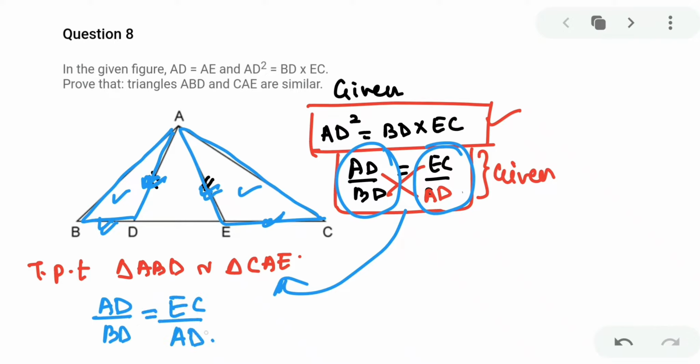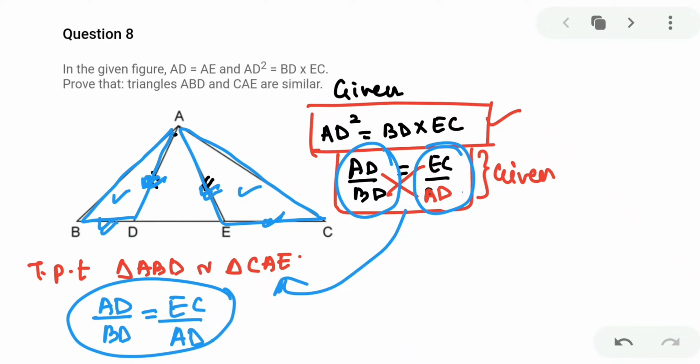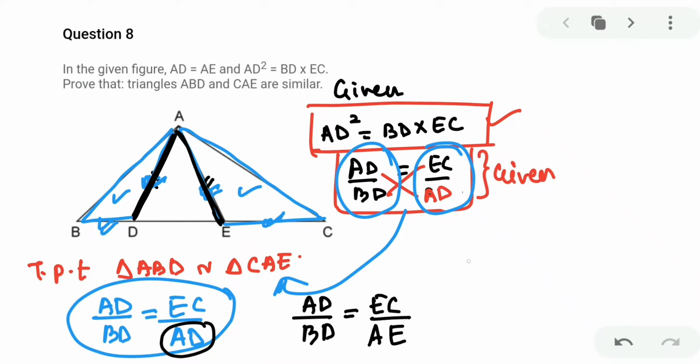Now my dear kids, ये आपको दिया हुआ है, so instead of AD, because AD and AE are two same sides of the triangle, so instead of AD क्या मैं यहाँ पे AE लिख दूँ? So it will be AD upon BD is equal to EC upon AE. Correct? Because why? Because AD and AE are equal. It's given in the problem that they are equal.